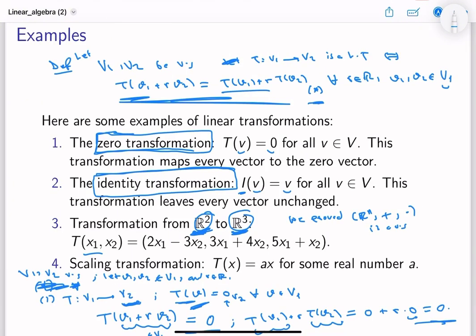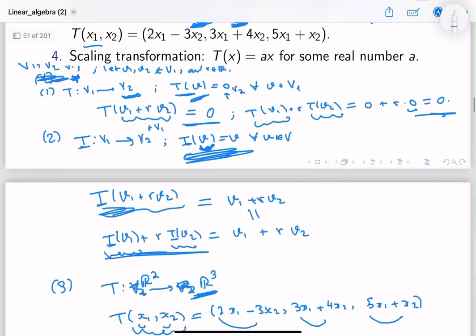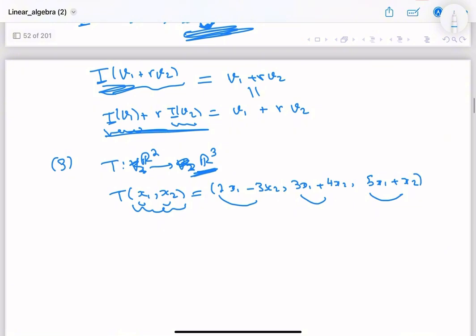So in this case, checking property star can be a little bit tedious. So I'd rather check properties 1 and 2 from the other definition. I'll check separately that T respects addition and scalar multiplication, right? So in this case, it's easier to do this.